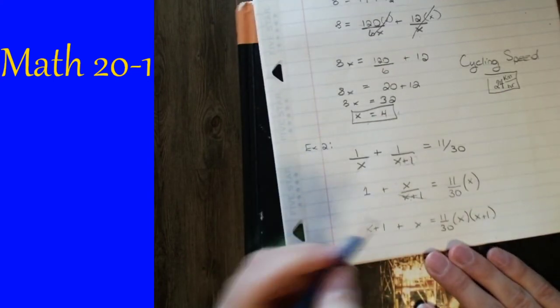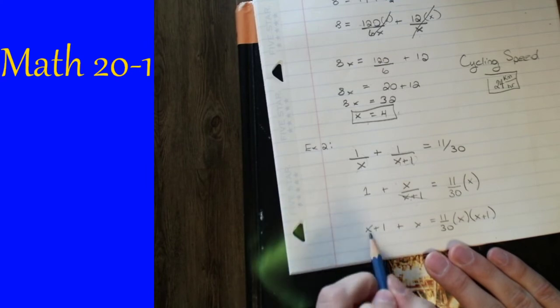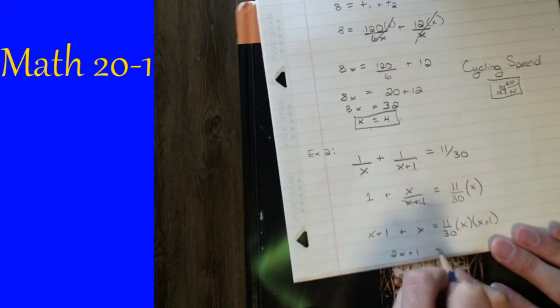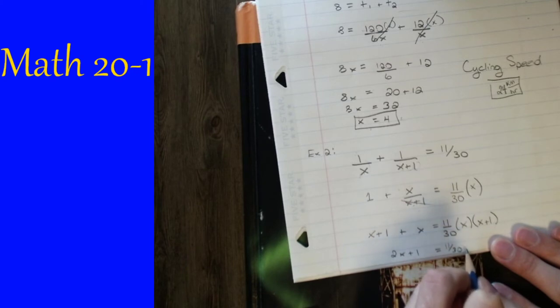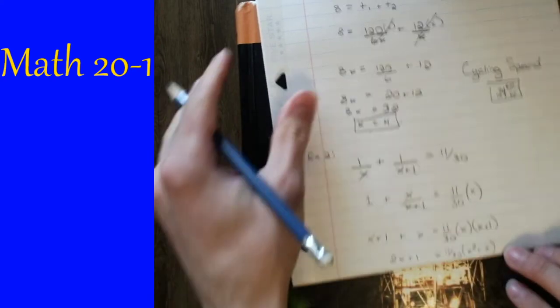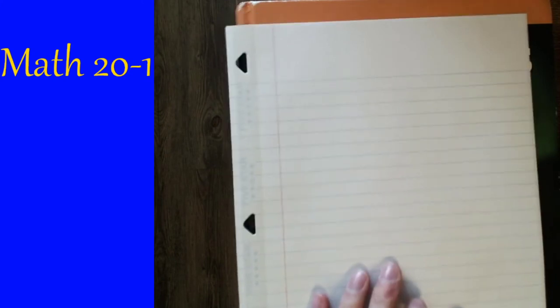Okay, so on the left side I have 2x plus 1 is equal to 11 over 30 x squared plus x. Okay, so go to a new page now.